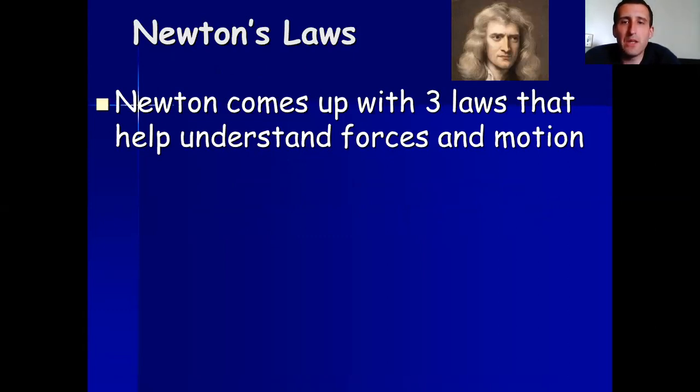But he has a famous quote that he's known for saying, which is, "If I saw a little further than others, it's because I stood on the shoulders of giants." And when he's saying that, he's speaking of Galileo, he's speaking of Copernicus, he's speaking of those who studied motion before him and studied forces before him. But they ultimately have his name on it, the 3 laws of motion, which is really what this chapter is about, and will help us to understand motion and how forces affect motion and cause motion to change.